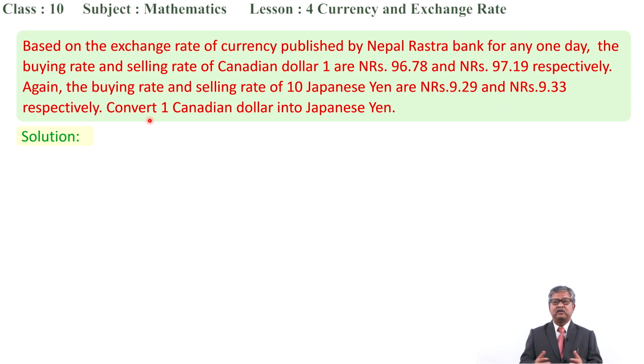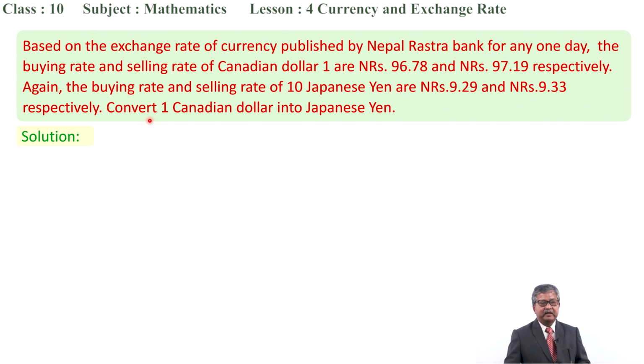So in that case, what will we do? We will go to the bank and give the Canadian dollar to the bank. Then the bank gives us Nepalese rupees. And after that, we exchange those Nepalese rupees again into Japanese yen. So in this way, we have to convert one country's currency to another country's currency.